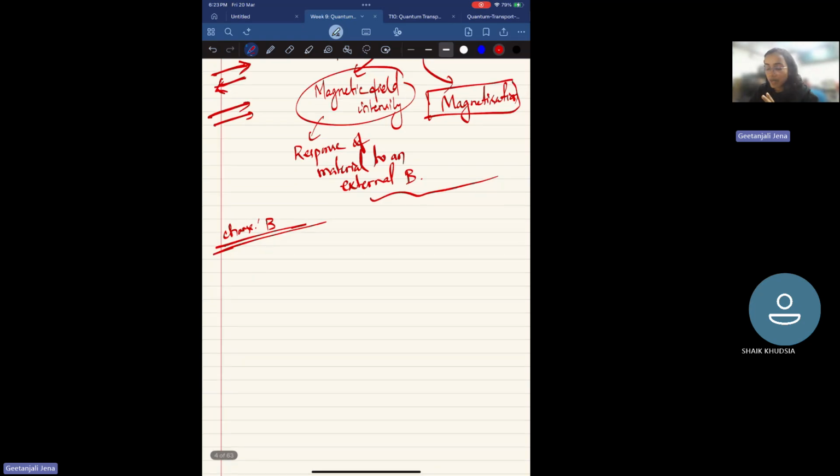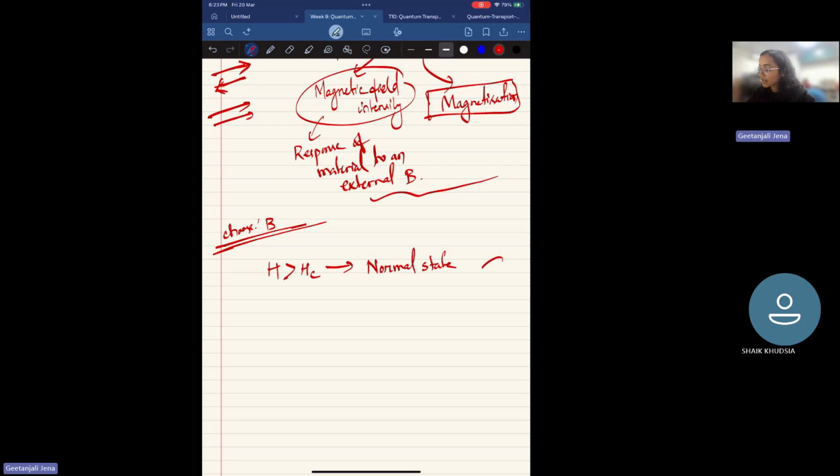But if we apply a magnetic field which is greater than this critical field, then what will happen? There won't be any superconducting state, so there won't be any cancellation. So the B inside this metal will be non-zero. That means if H, or B, whichever is applicable, is greater than Hc, then we'll see a normal state.